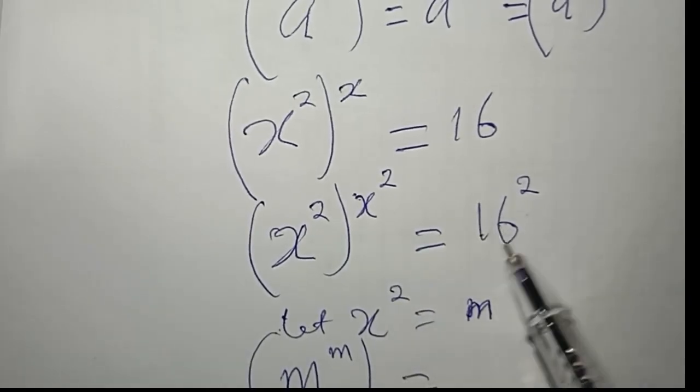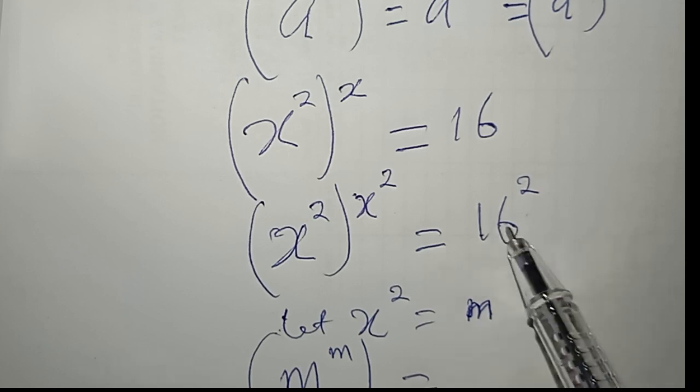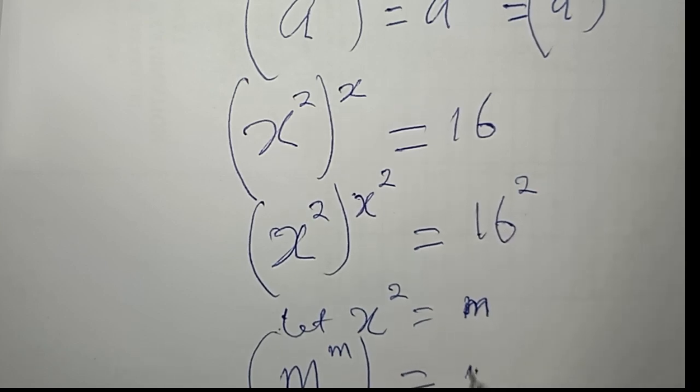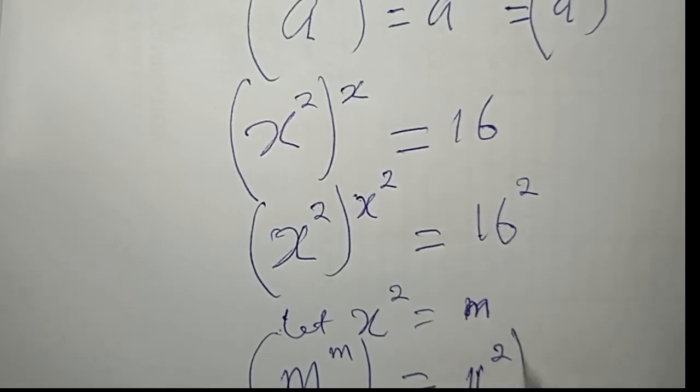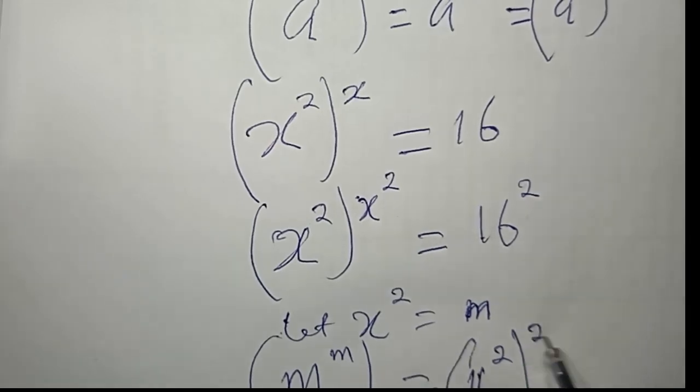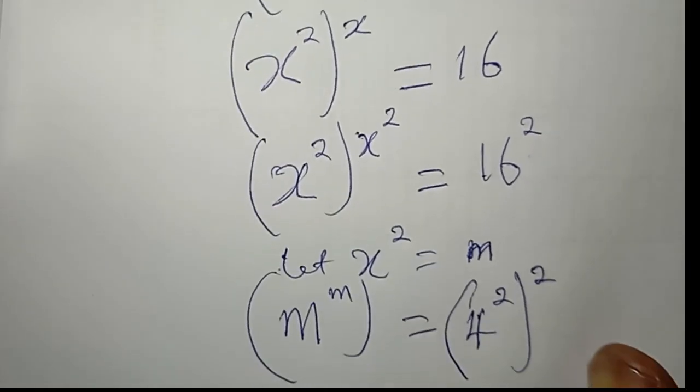And then of course I can also do some things right here. This 16, I can write as 4 power 2. So let me just put that in bracket and then power 2 right there.